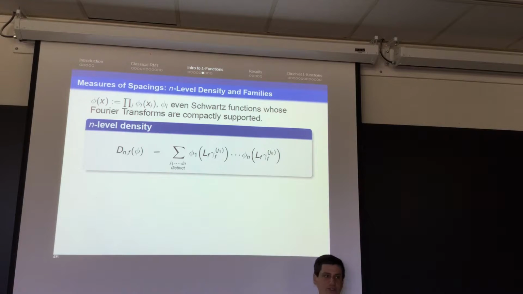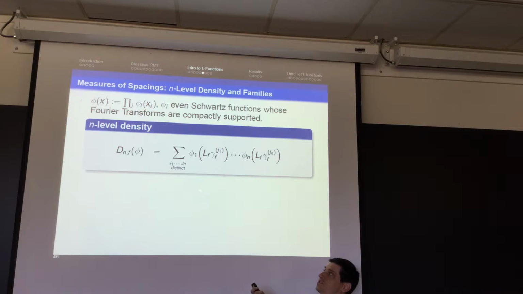So Iwaniec, Luo, and Sarnak introduced a new statistic called the n-level density. And what's nice about this statistic is it now depends crucially on what's going on near the central point. So now I have my test functions, they're Schwartz functions, so they have rapid decay, they're differentiable, their derivatives have rapid decay, and I'm going to sum their scaled zeros. And so for each form f in my family, I can calculate this, and then I can average over all forms in the family.